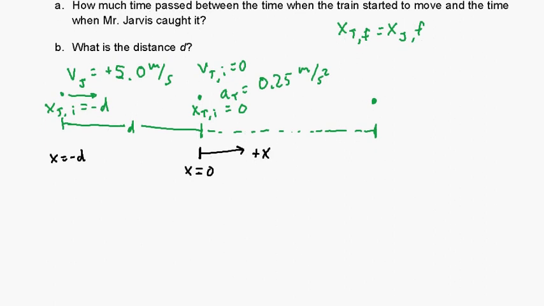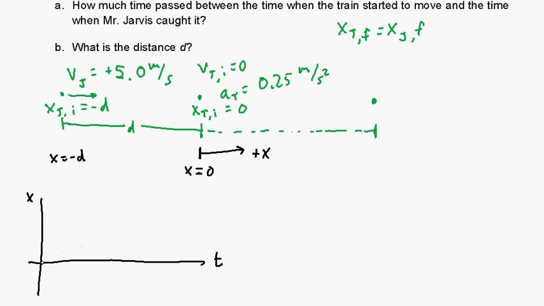Okay, so what I want to show you here is what I mean by Jarvis just barely catching the train. So let's look at an x versus t plot. Here's x going vertically, and here's t going horizontally. I'll do the train in blue.